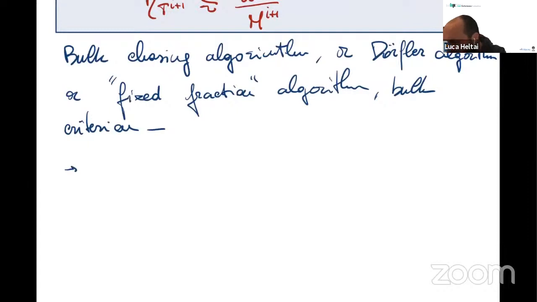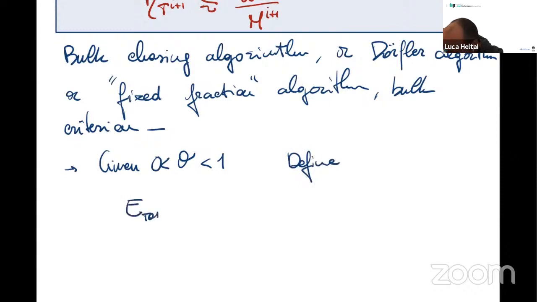So it's simple. Given theta, which is smaller than 1 and greater than 0, we define E tot as the sum on k of eta k I square, to the power 1/2.